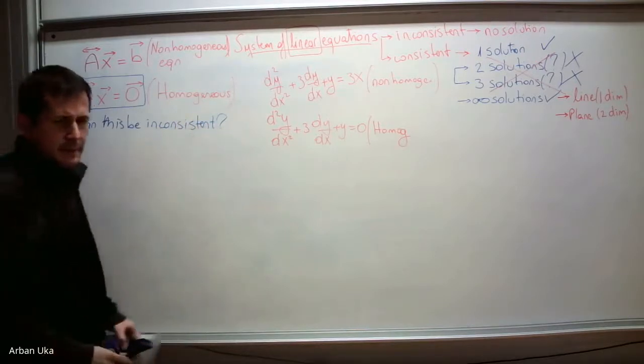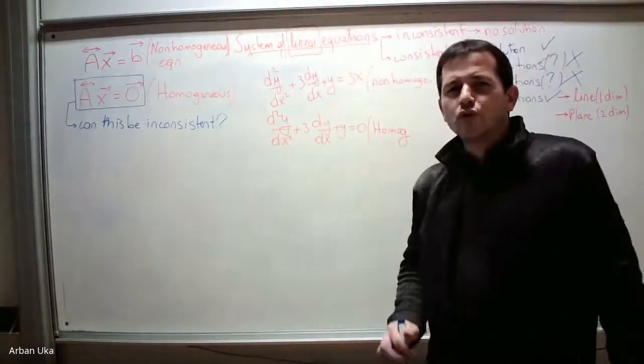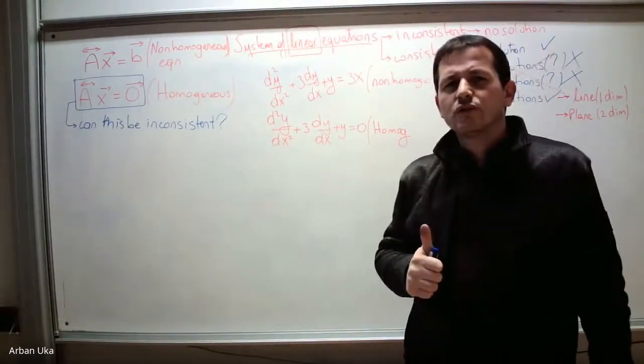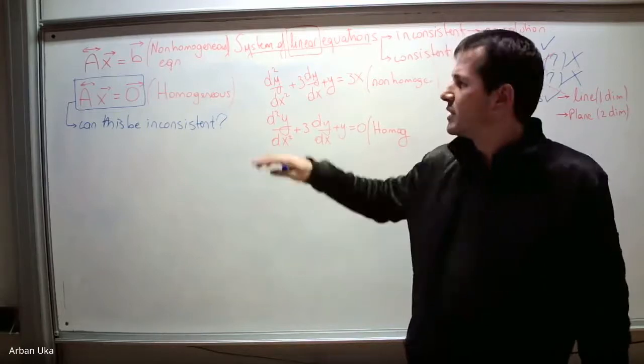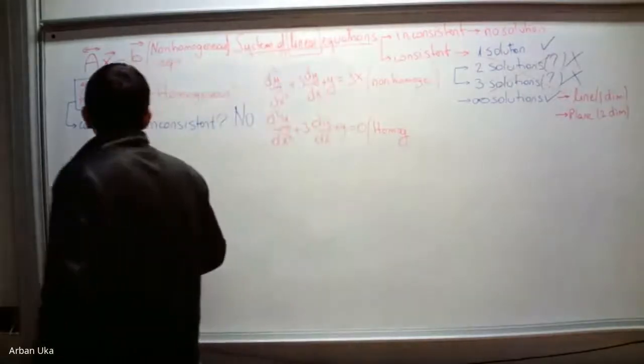What do you think? To be inconsistent means to have no solution. Is it possible that this equation has no solution at all? No. It has a solution. What is the solution?